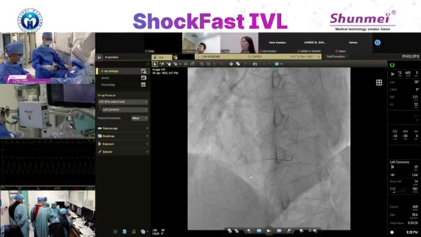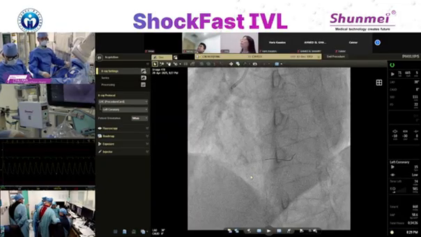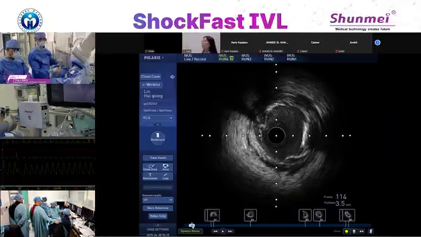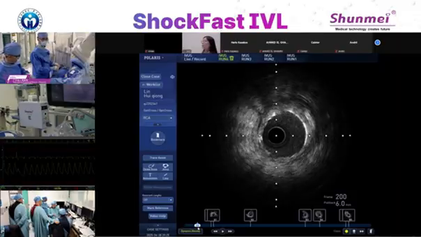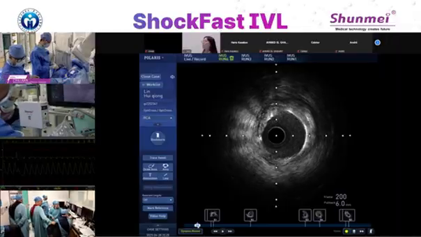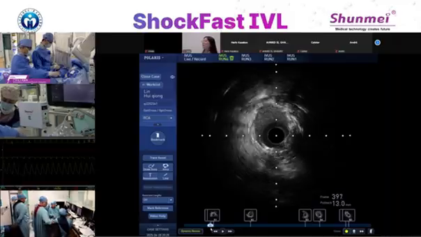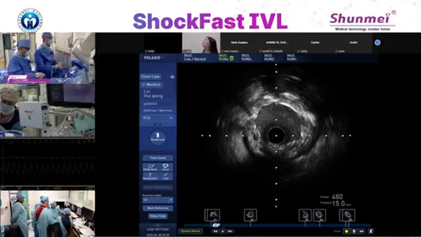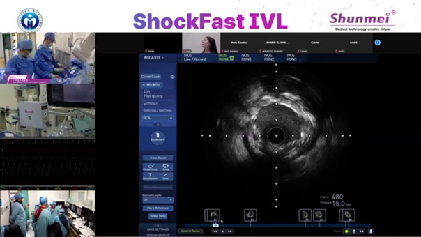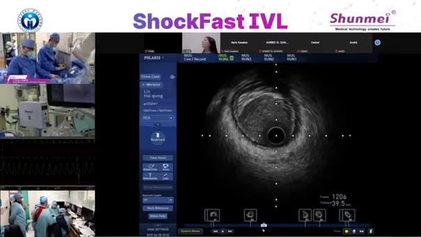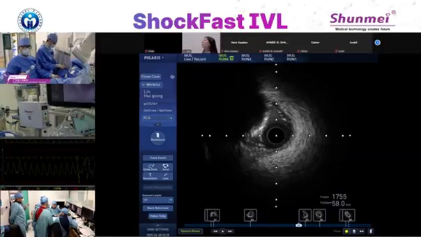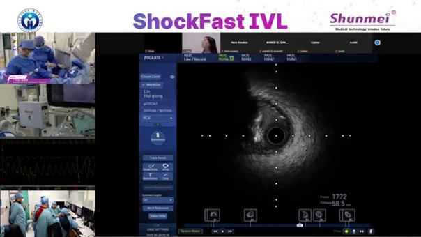The minimal lumen cross section is 6 to 7 millimeter from the distal edge for the distal stent. So I get one more brand new 2.75 NC to hit again. After this, I think we can just leave it.